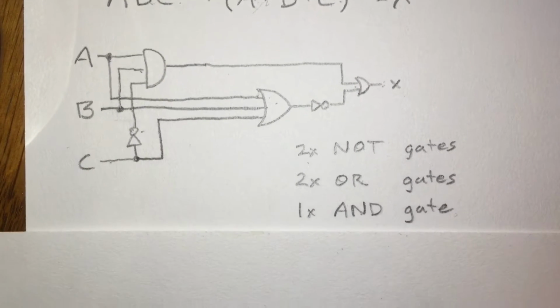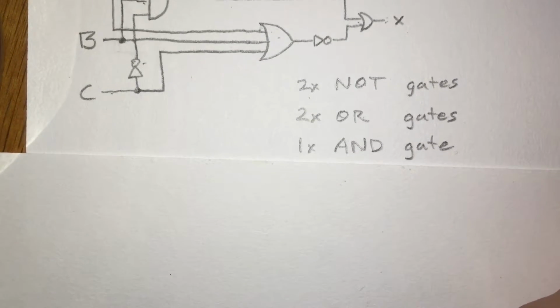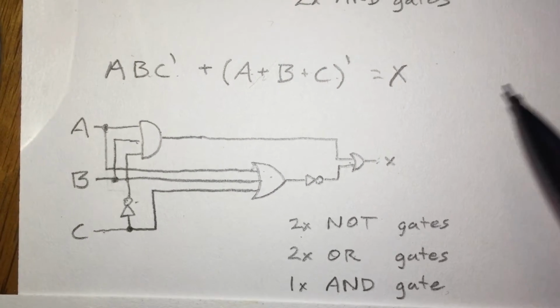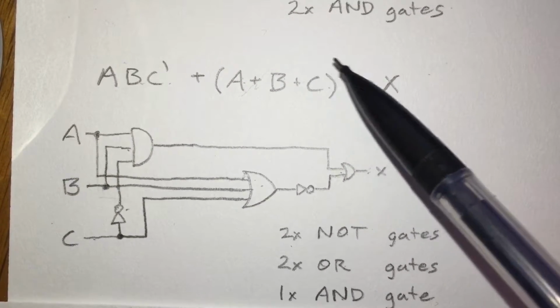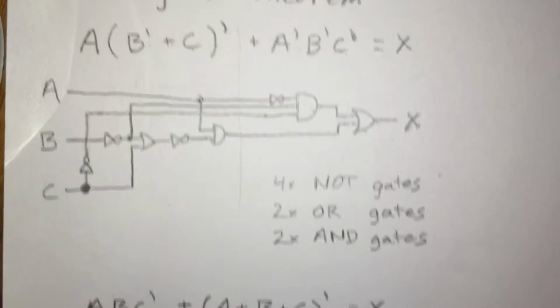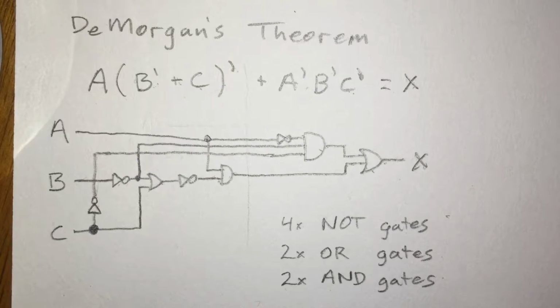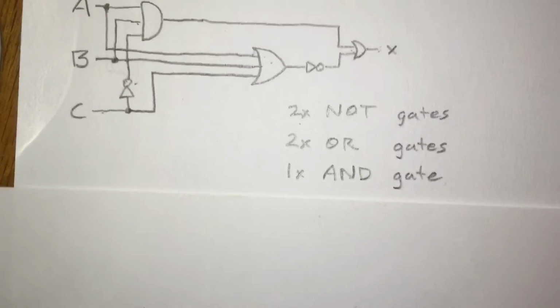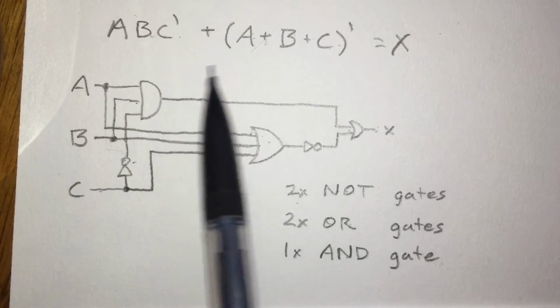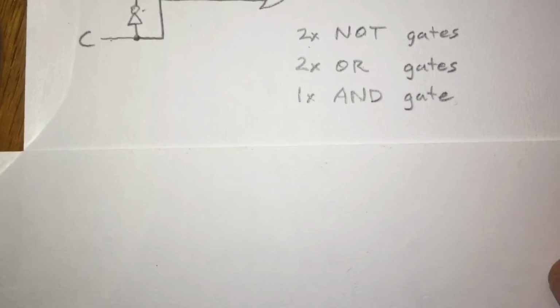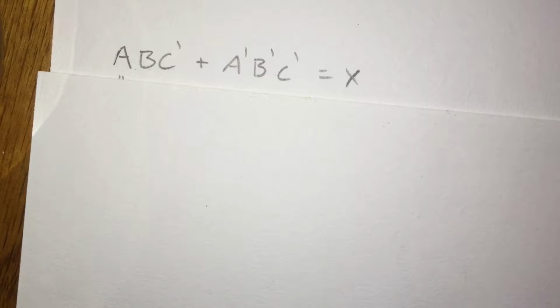But what if we wanted to take it even a step further? Because there is, in fact, a way to reduce this original statement even better than this. And that is by doing this.